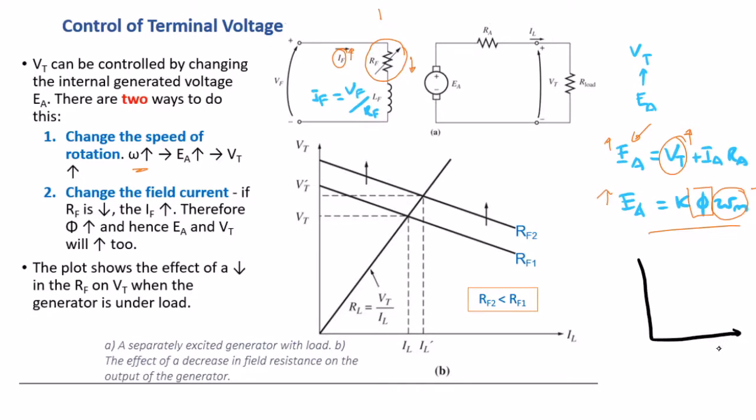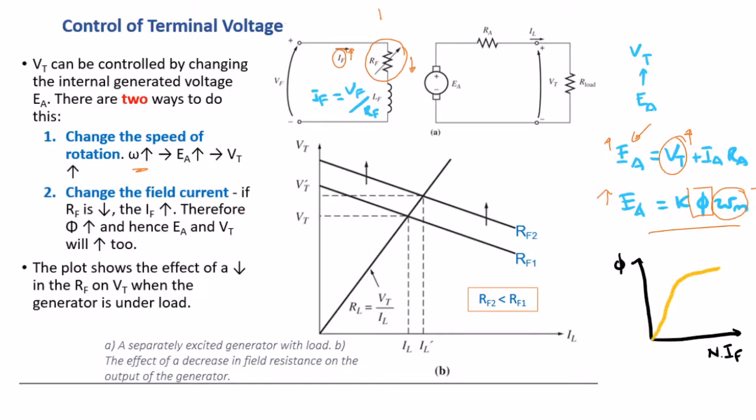The x-axis is MMF, which is N times IF, and we've got flux on the y-axis, and the shape will look something like this.